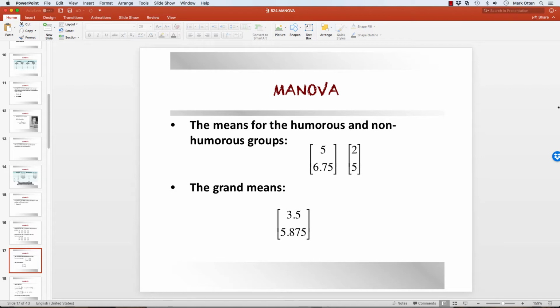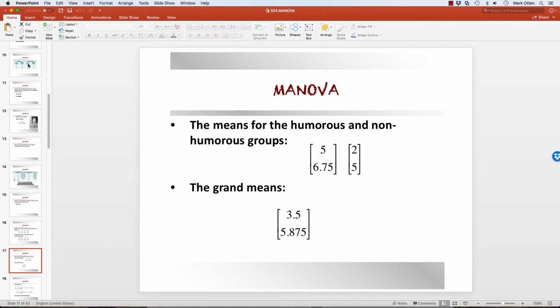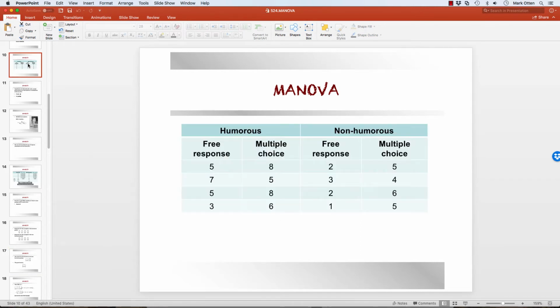But for this one, the 5 and the 6.75 there, those are the means for the humorous group. So if we scroll back to, let's say here, the 5 there is the mean of the free response humorous group. 6.75 is the mean for multiple choice humorous. Then we have 2 and 5. Those are your means for the non-humorous groups.